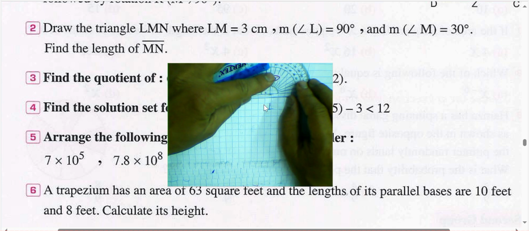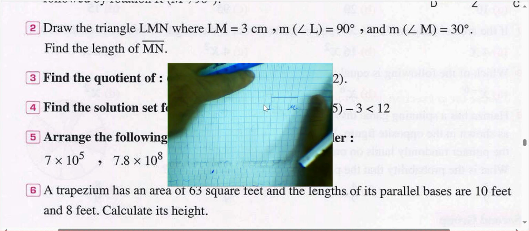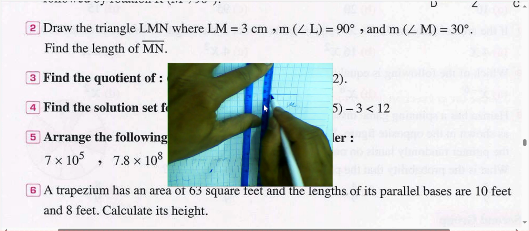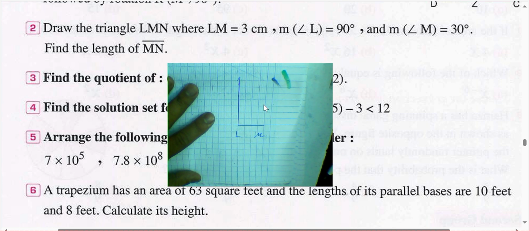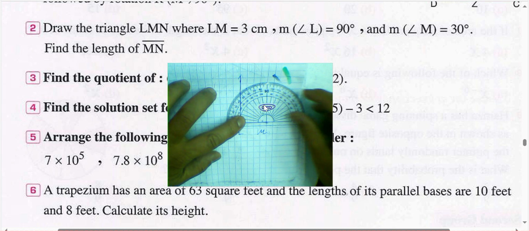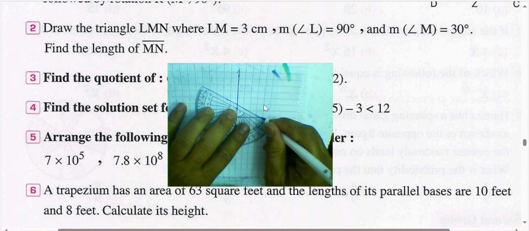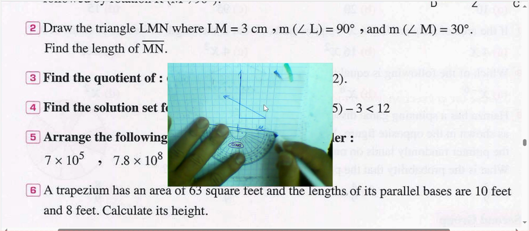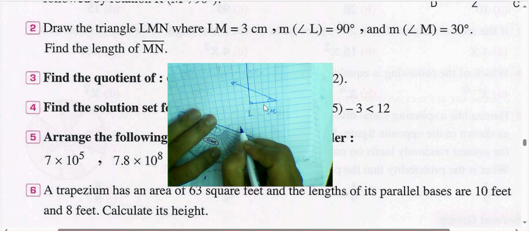We must put the center at the point here, and 90 degrees. Draw this ray. And the measure of angle M equals 30 degrees, and this 90.